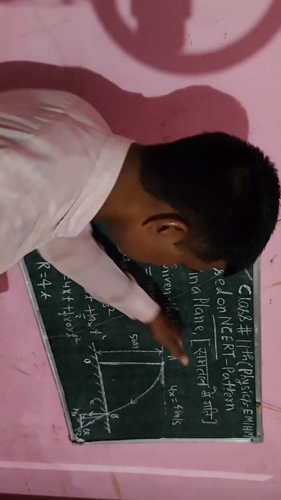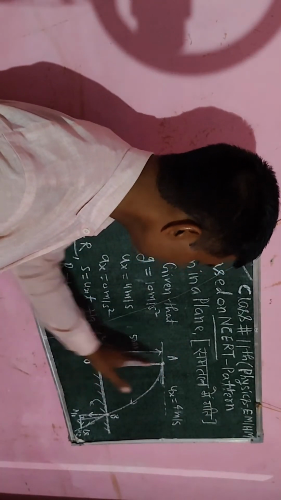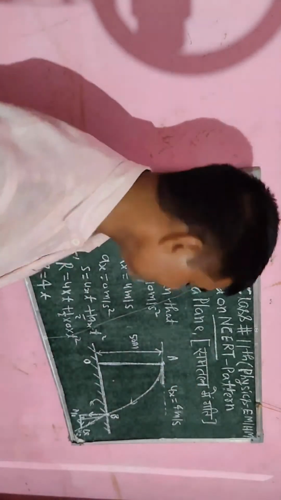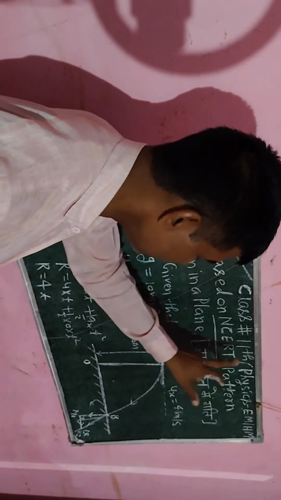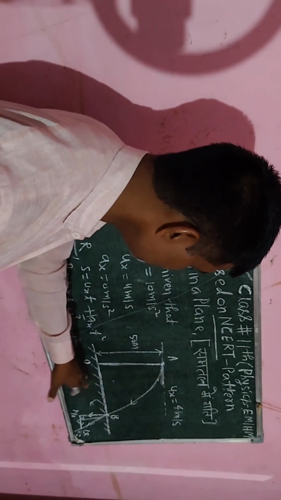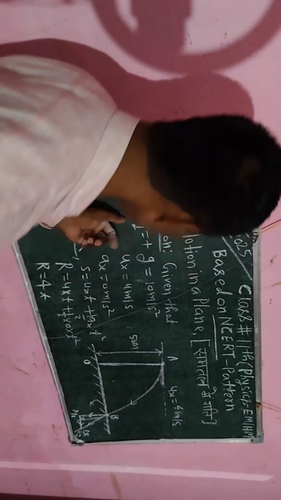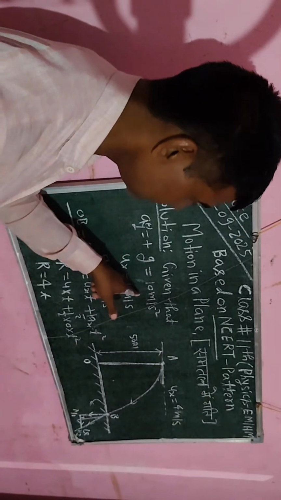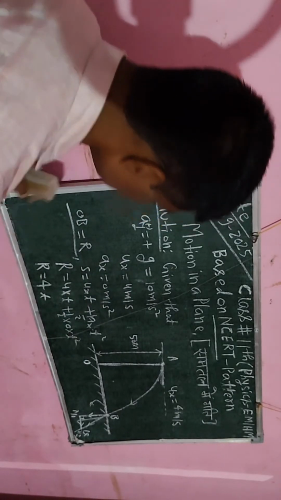So in the downward direction the acceleration value will be positive, but from point A upward its value will be negative. So I can write minus g above the A, but below A it will be plus. So it is coming downward, so I have to take the value of acceleration downward, that will be plus g, and its value is given in the question, 10 meter per second square. Okay student, so this is the range.